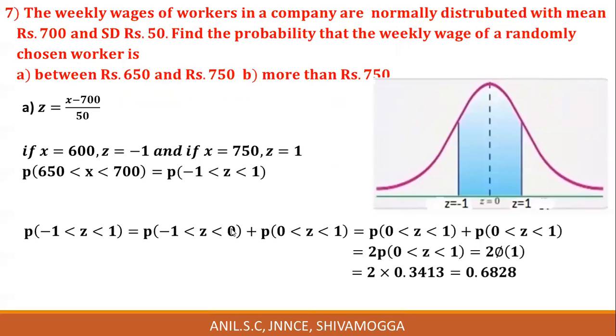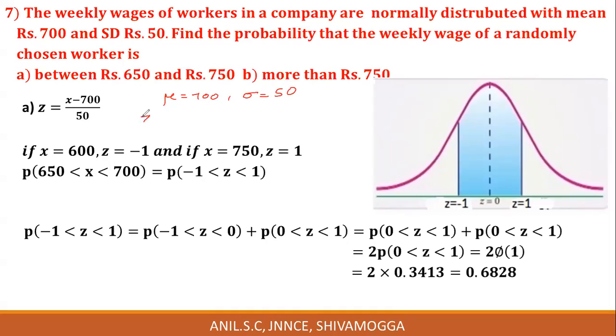The weekly wages of workers in a company are normally distributed with mean rupees 700 and standard deviation rupees 50. This is the first statement. Using this statement, we can construct the standard normal variate. That means mu is equal to 700 and sigma is equal to 50.